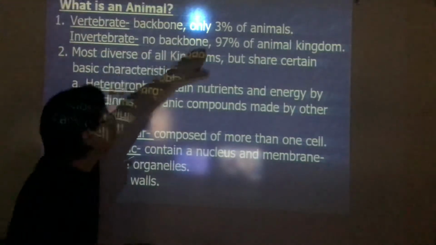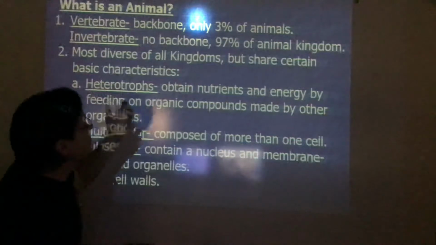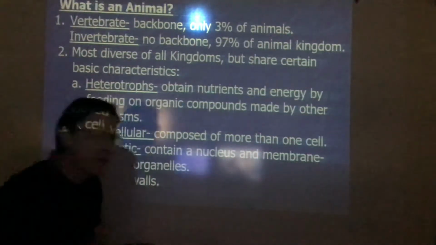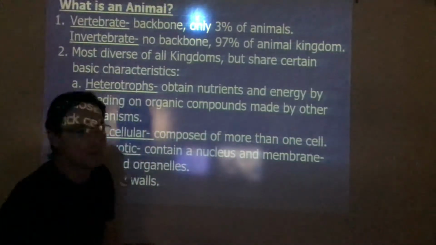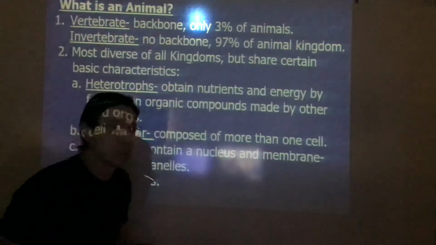So that means the 97% of all the rest of the animal kingdom do not. And the biggest reason why, if you haven't learned already, is arthropods, insects and spiders, and there are so many of those species. So they make up, like I said, 97% of the animal kingdom.